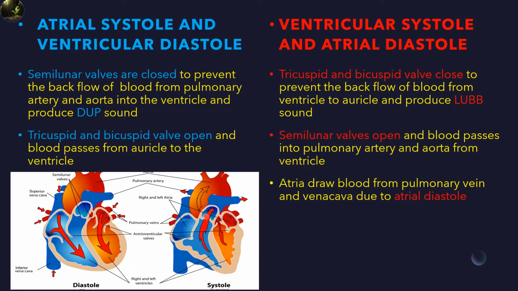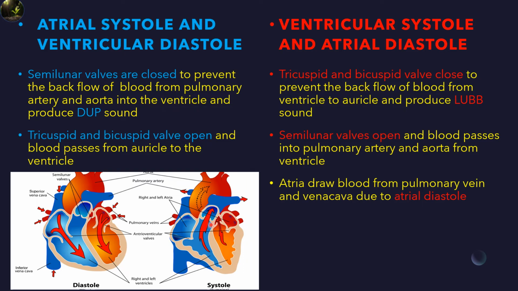Semilunar valves will open at the time of ventricular systole. At the time of ventricular systole, semilunar valves are open and blood passes from the ventricle to the pulmonary artery and aorta.